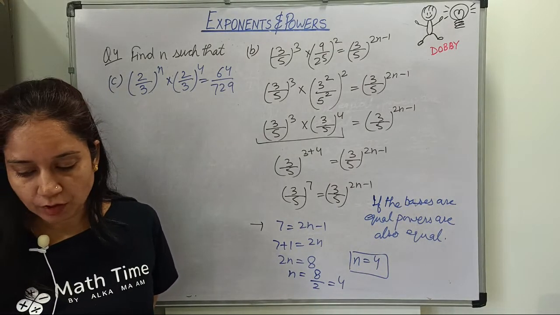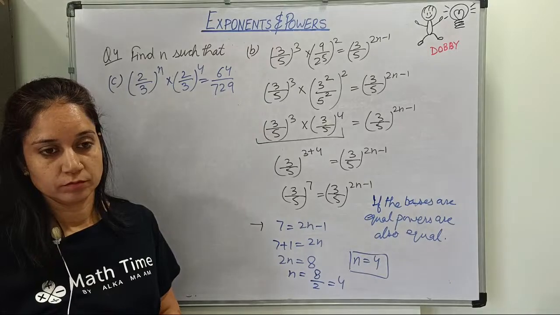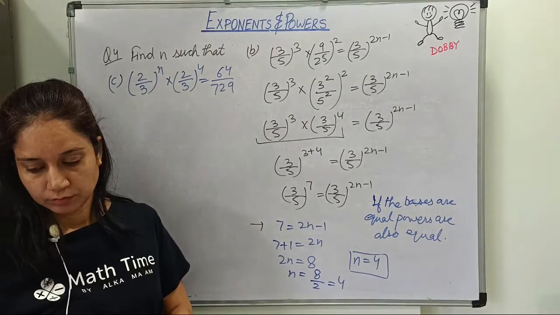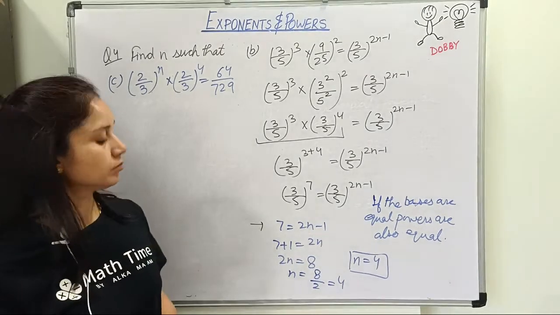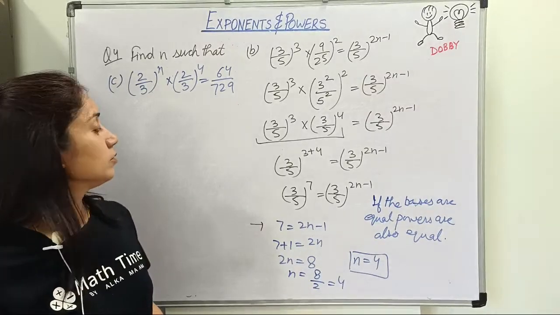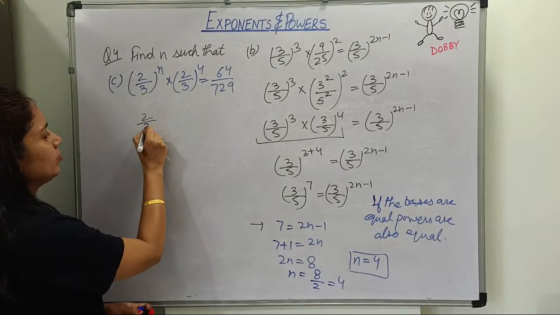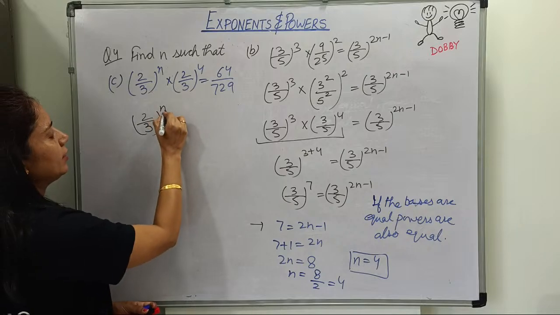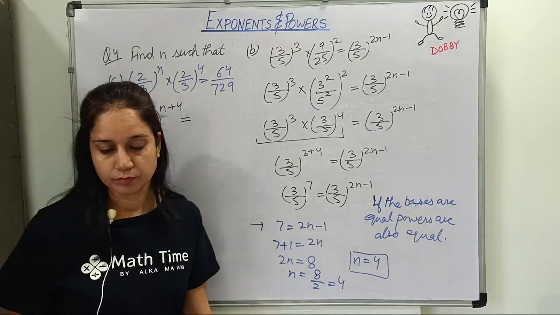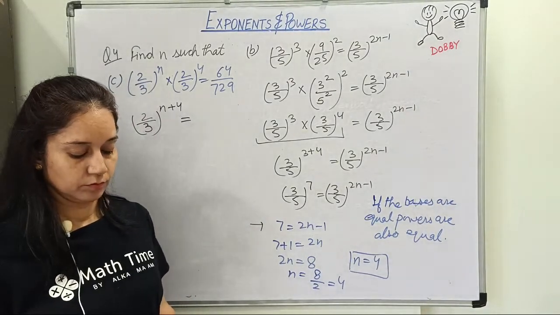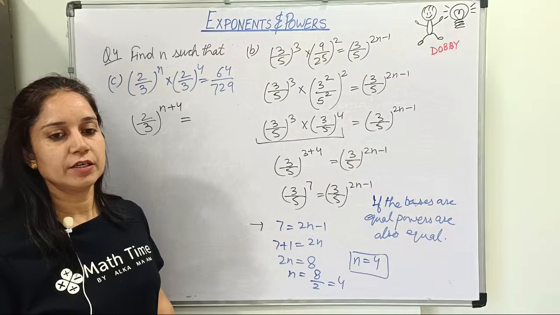You all find out and tell me what will come. Meantime, I am writing this side. Both the rational numbers have the same base, so powers will be added, n plus 4. This side you have to tell me, right side. Prime factors of 64, prime factors of 729.